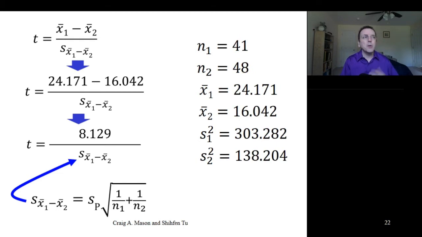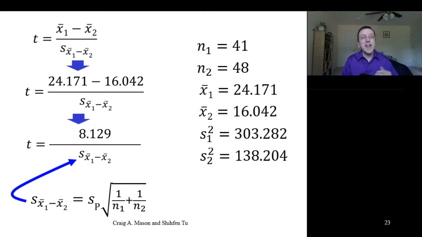So rather than pick one or the other, because the population variances for both groups are the same, we get a better estimate of the variance, that one number, if we combine the two into a single pooled estimate of the variance in the population, which we can then use as our pooled estimate for the standard deviation in the population.